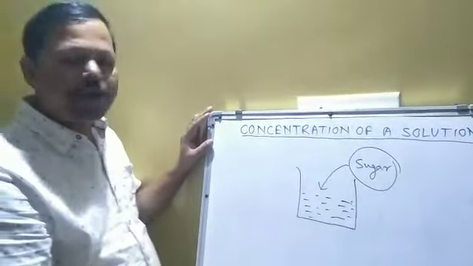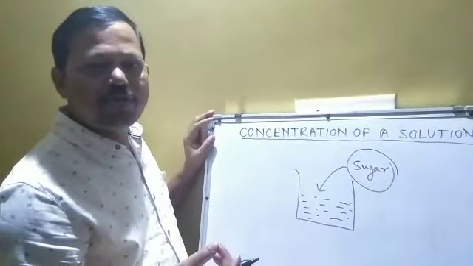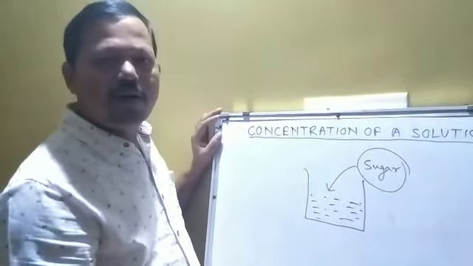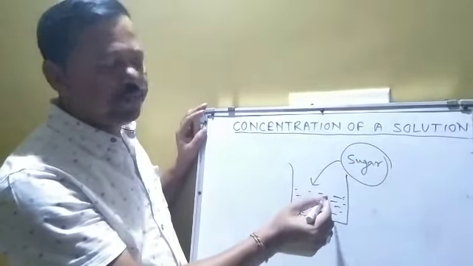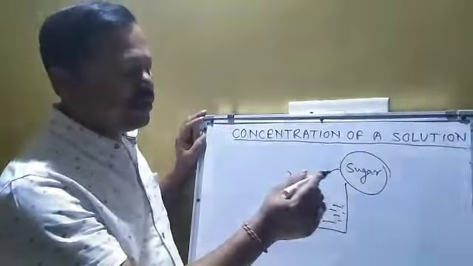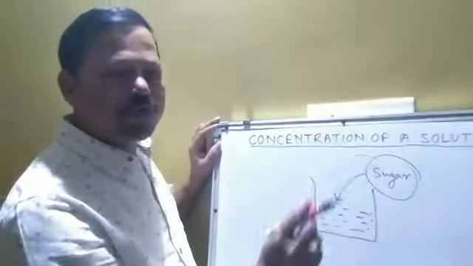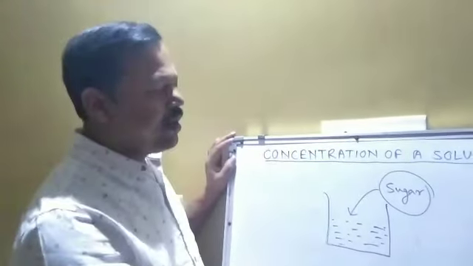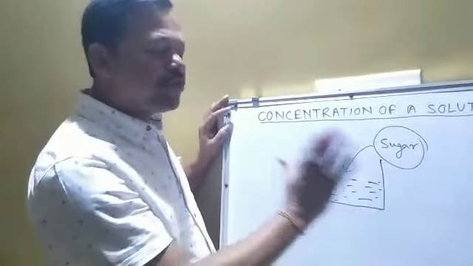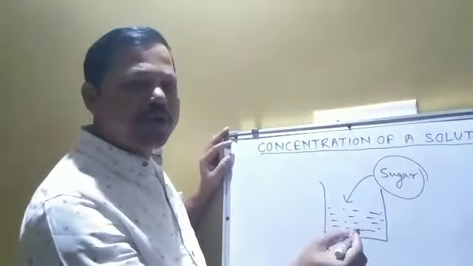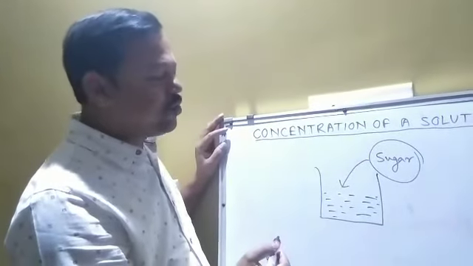As you know, there are two types of solutions: some are called concentrated solutions, some are called dilute solutions. Concentrated solution means the amount of solute is high, and dilute solution means the amount of solute is very less. Now suppose you have prepared a sugar solution, and you have dissolved some amount of sugar in a given quantity of solution.